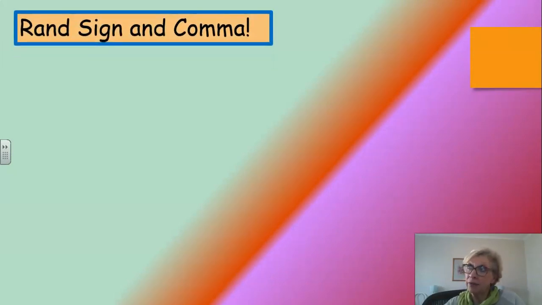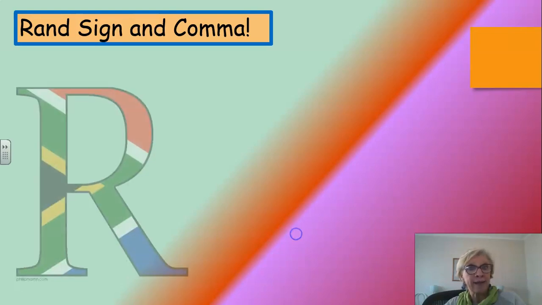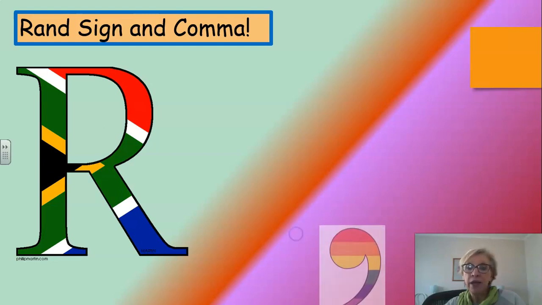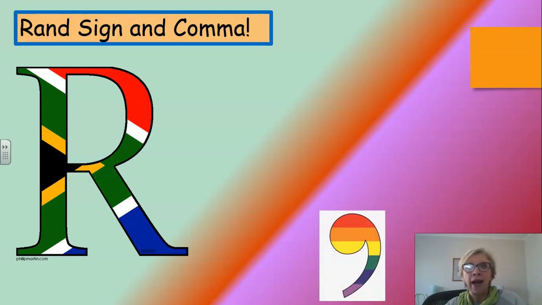Then we have also our Rand sign and our comma. Our Rand sign is always written as a capital, and it is our currency that we use in South Africa. And then we have our little comma. Now that comma has an extremely important job to do.